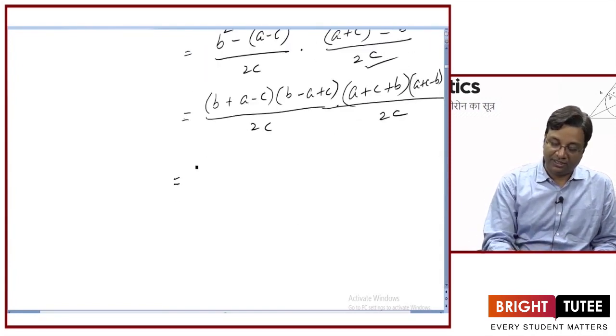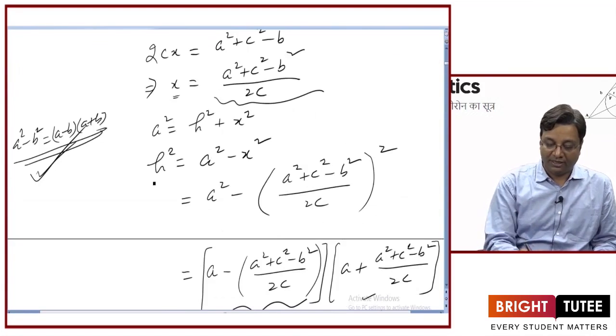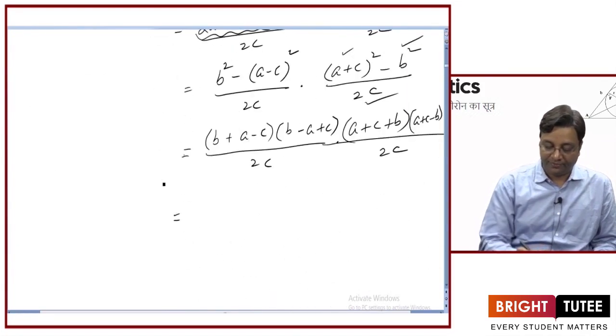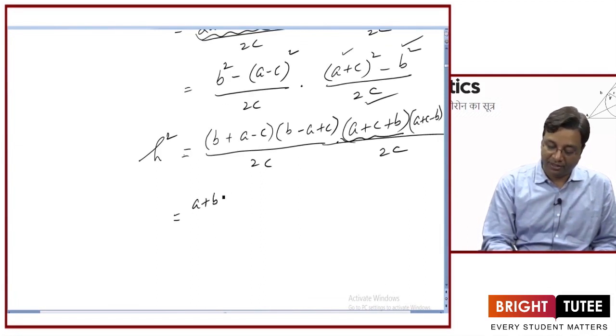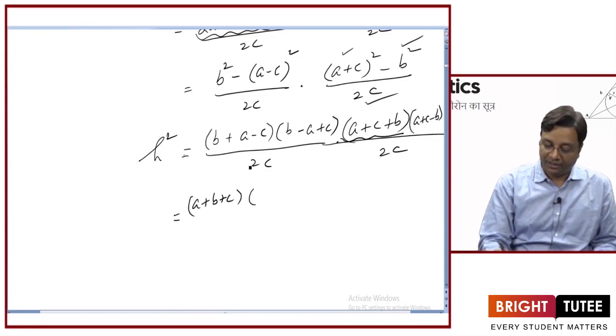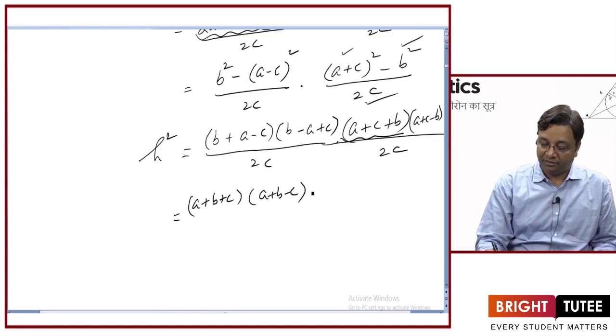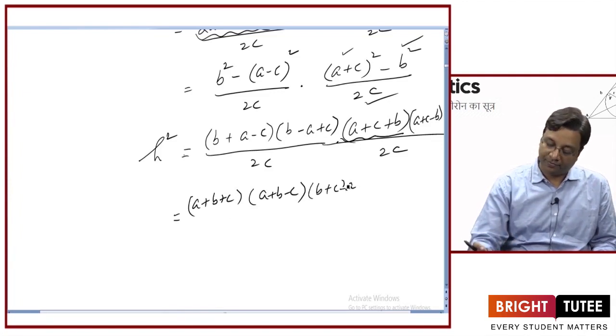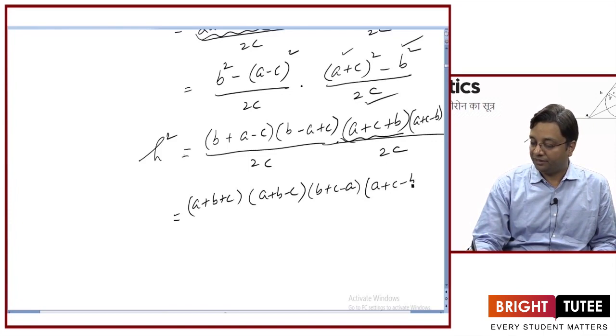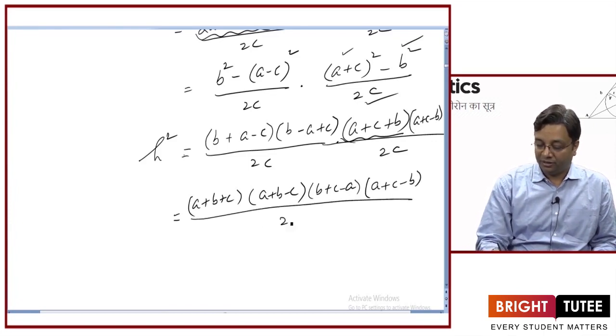So, what expression have I got for this h square? The expression I have got here is: (a + b + c)(a + b − c)(b + c − a)(a + c − b) divided by 4c square.